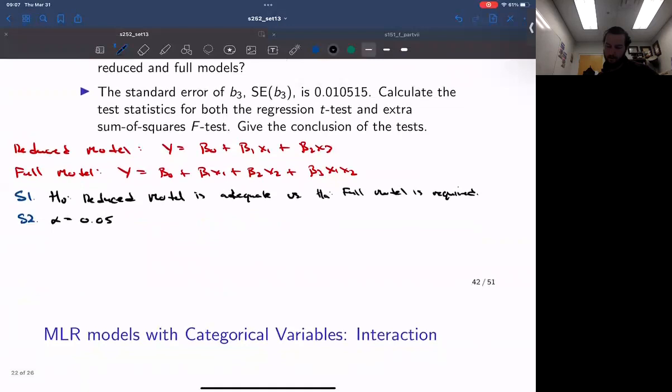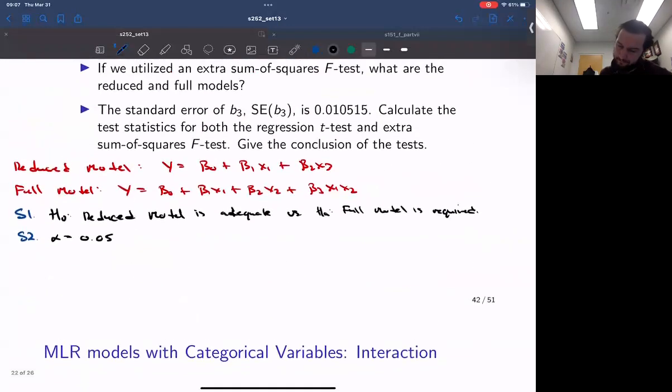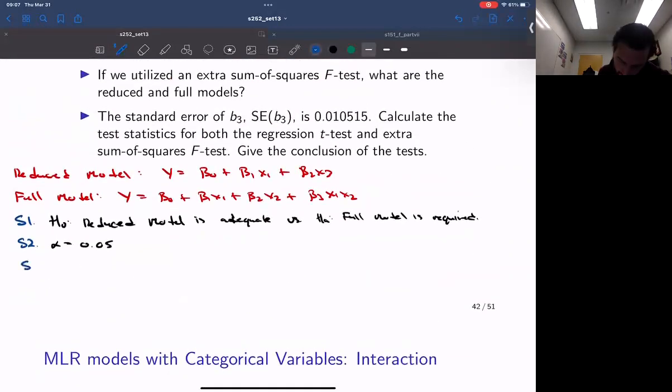And then on step 2, we would have alpha equals 0.05. So we actually just worked through an illustration of conducting an extra sum of square F test. So we know the formula for the F value for the extra sum of square F test.